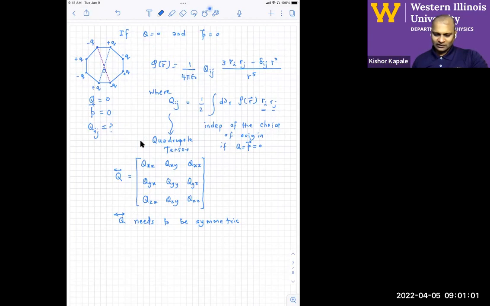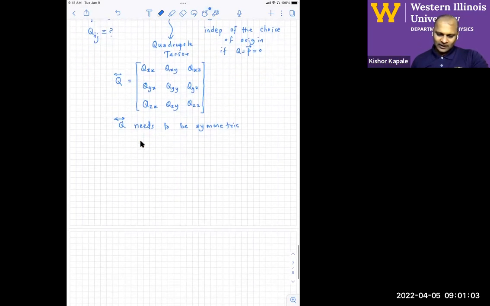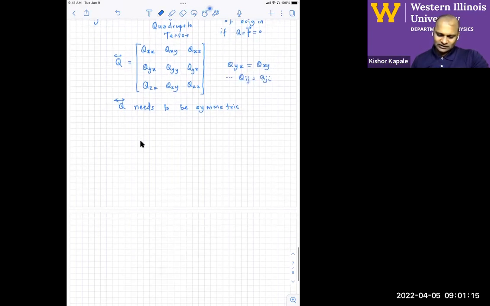Not really, right? And so that means Qyx should be the same as Qxy and so on. So any Qij should be equal to Qji, and that means it's a symmetric matrix. That means you only have 6 unique values that you need to find.